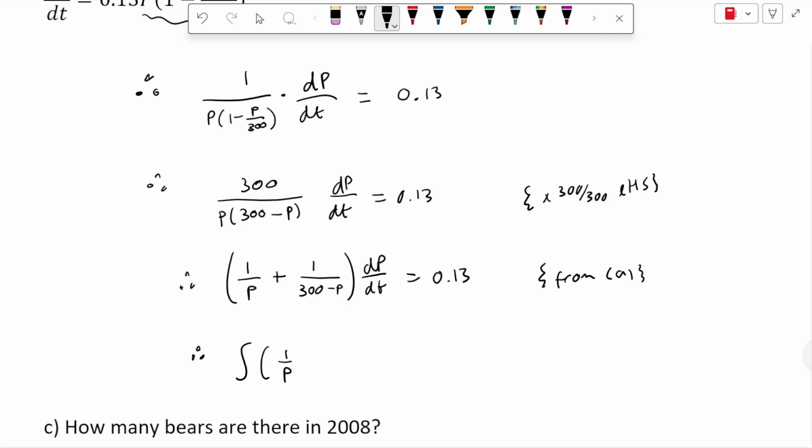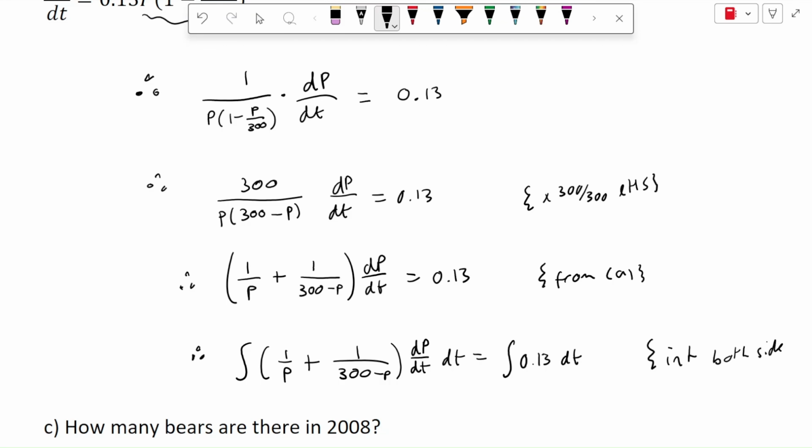So 1 over P, dP/dt, dt is 0.13 dt. So maybe you just get like integrate both sides. Now it's quite common you'll get this as an exam question.